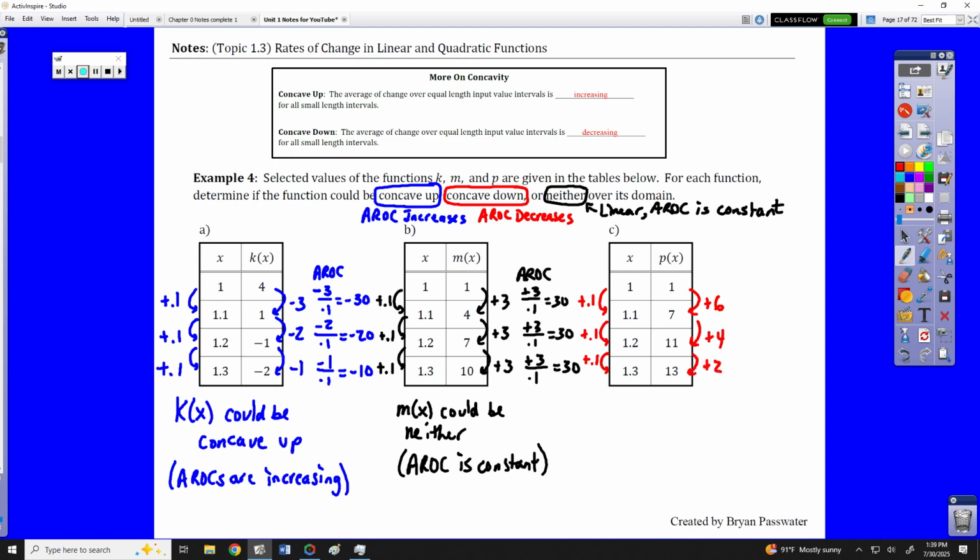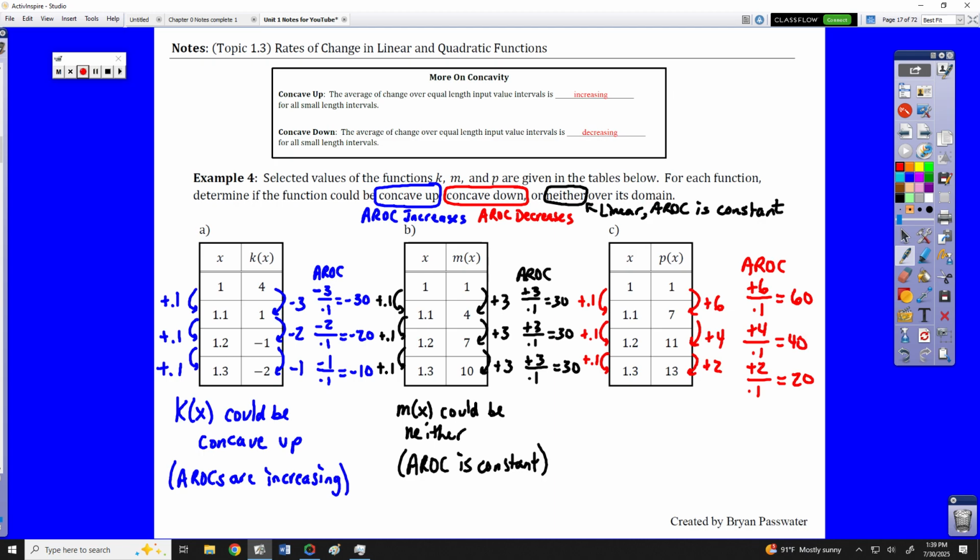However, they're not increasing by the same amount each time. As a result, the AROCs are not constant. We have 6 divided by 0.1, which is 60. We have 4 divided by 0.1, which is 40. And we have 2 divided by 0.1, which is 20. So the AROCs are not constant, which means it is either concave up or concave down.